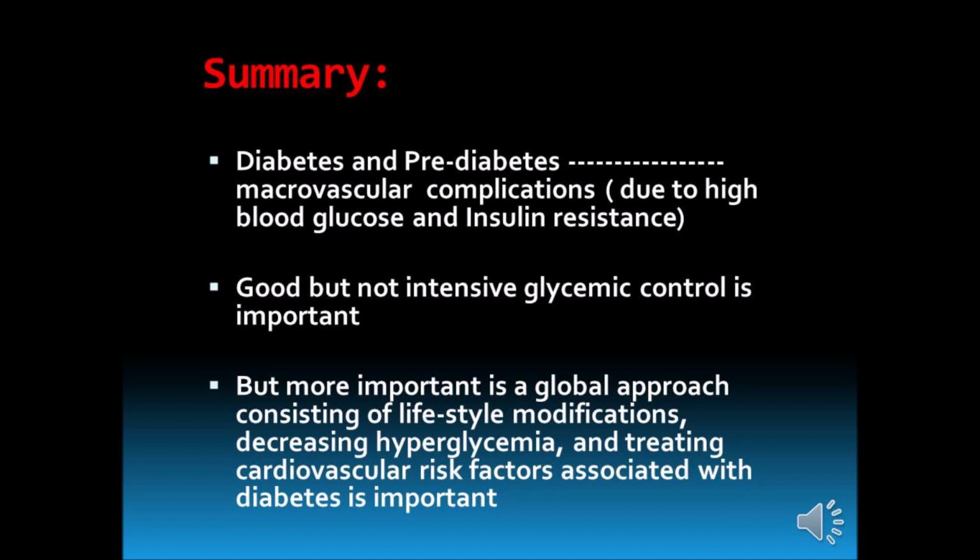Diabetes and prediabetes lead to macrovascular complications due to high blood glucose and so-called insulin resistance. Good but not intensive glycemic control is important. But more important is a global approach consisting of lifestyle modifications, decreasing hyperglycemia, and treating cardiovascular risk factors associated with diabetes.